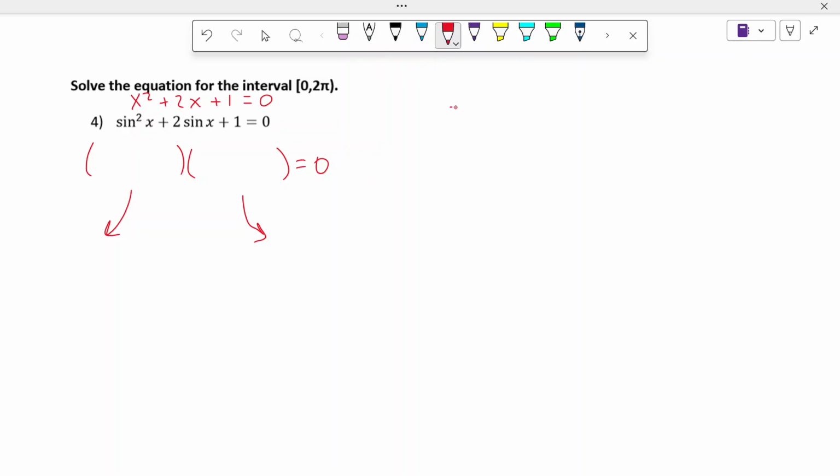If you like, you can just use a good old area model. Some people might be able to look at it and just see how to factor it, and I'll point that out in a second. But let's just use our good old strategy. We put the first in the first box. That's sine squared of x. Put the last in the last box. That's just 1. Then, of course, we multiply that diagonal. That makes 1 sine squared of x.